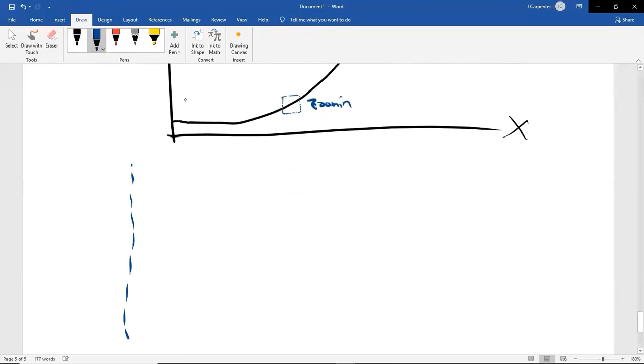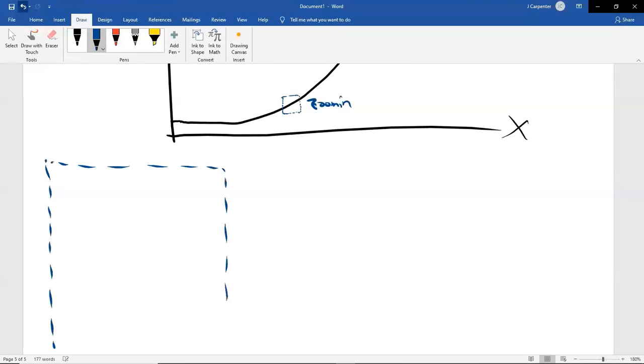So this is the zoomed in portion. I'm going to put it a little on the left actually, because I'm going to do this twice. That zoomed in portion, which I'm not going to show the axes, is just going to look like that.